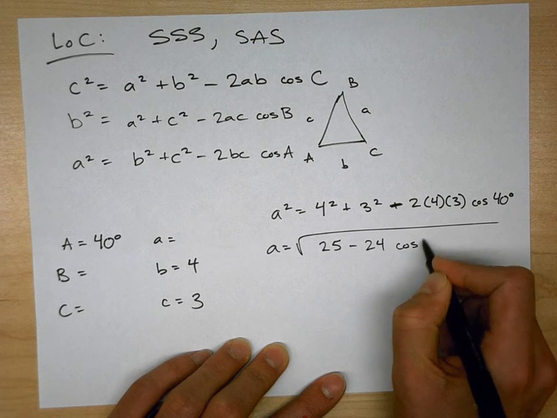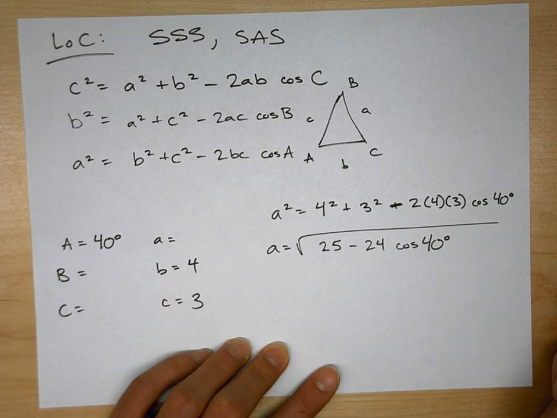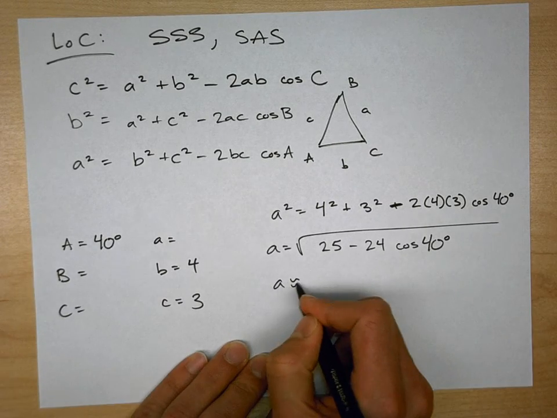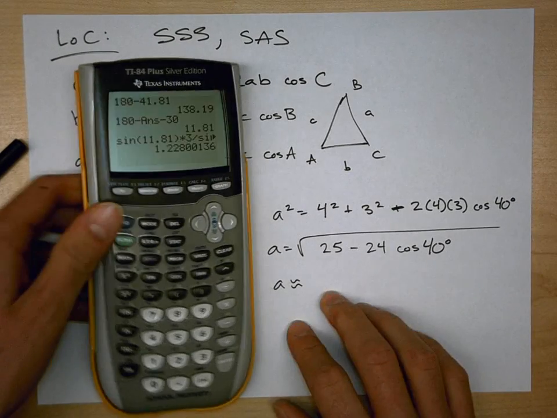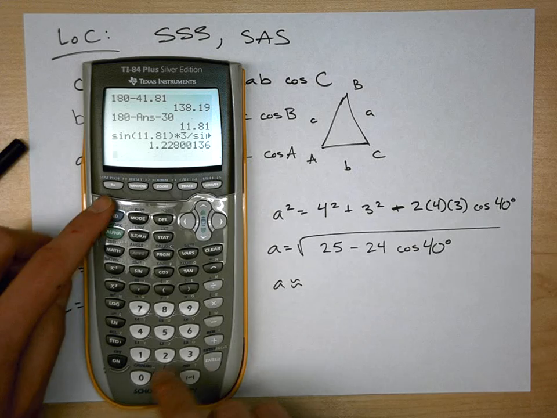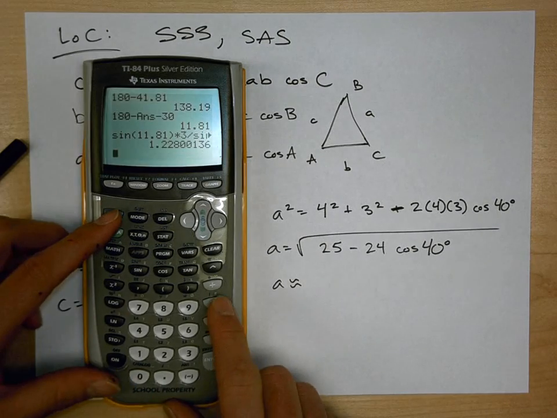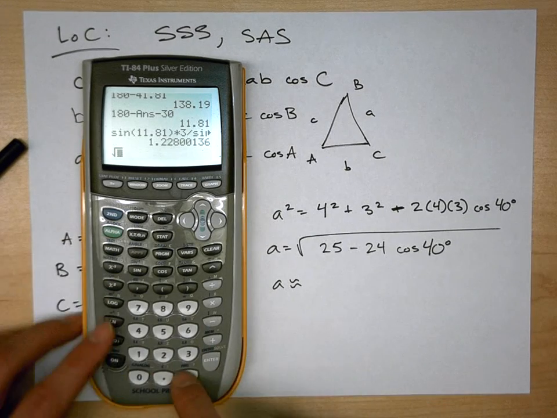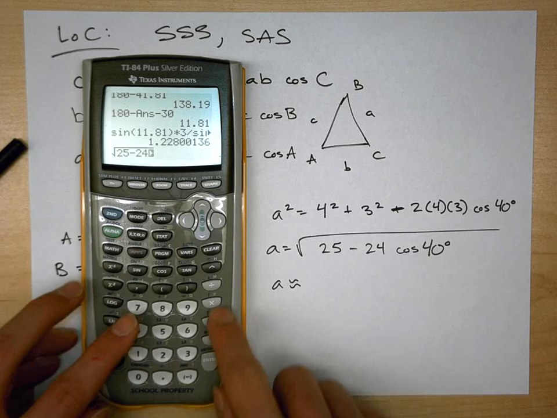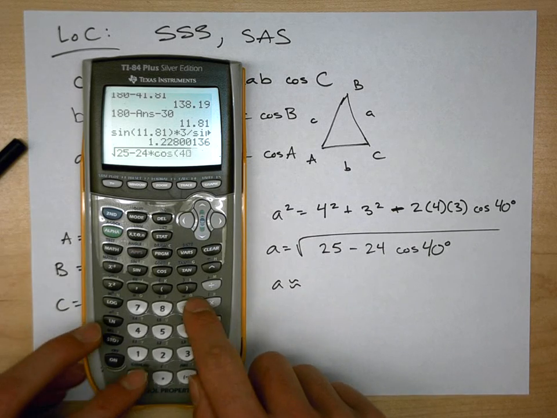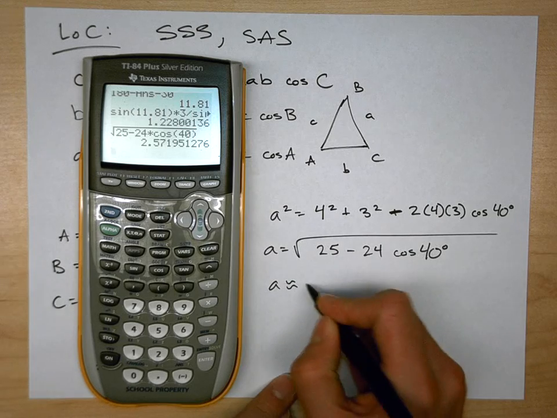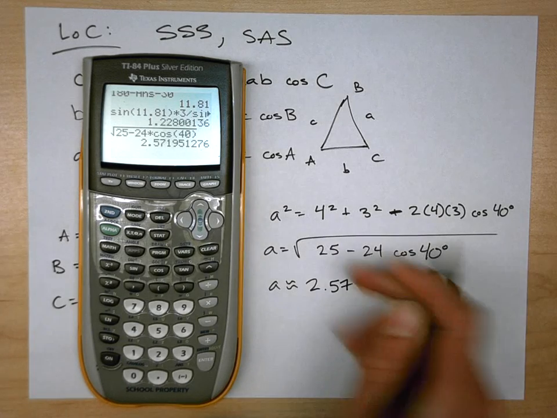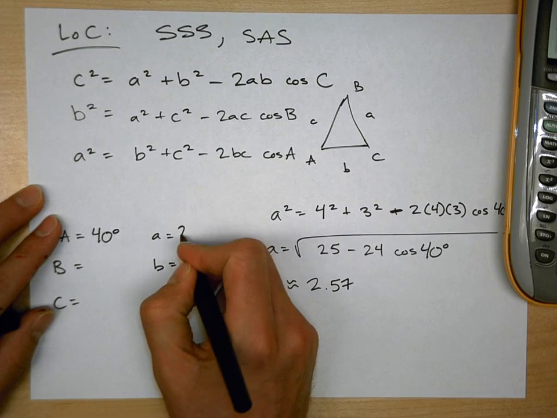You don't actually have to simplify this stuff. You can let your calculator do it for you. So A is approximately equal to, let's plug this in, the square root of 25 minus 24 times the cosine of 40 degrees, and you get 2.57. So we plug that in over here, and we got it.